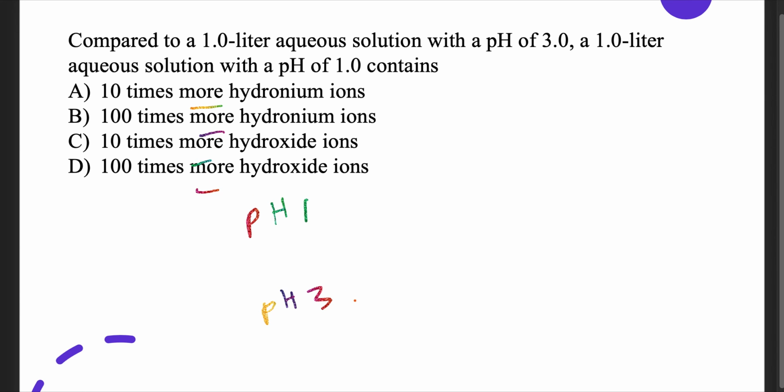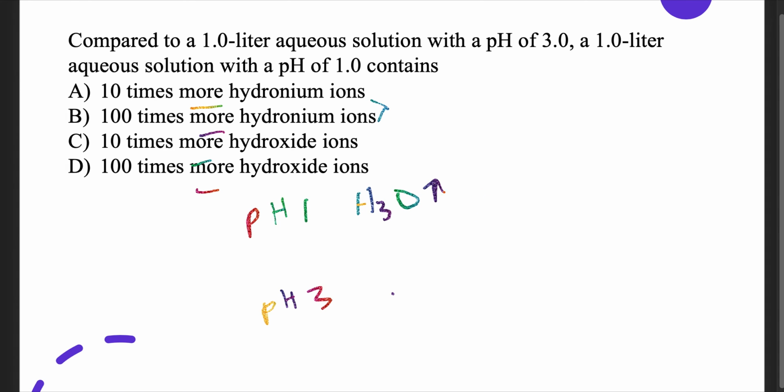So remember, when you go down the pH scale, so 14 to 1, hydrogen is increasing, and so is hydronium. So H3O is higher here than it is here. And so that means it has to be A or B.